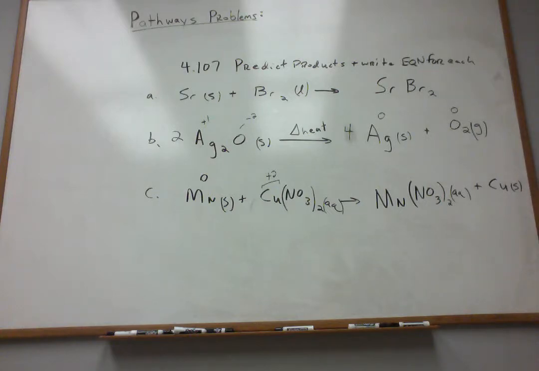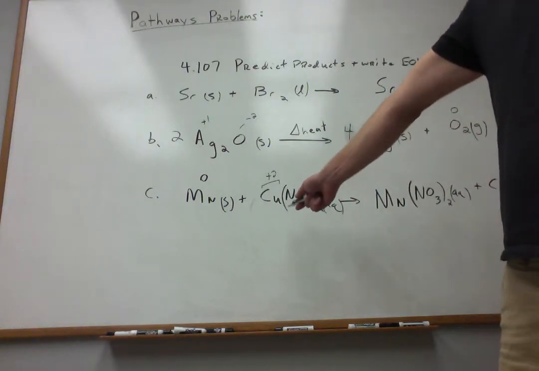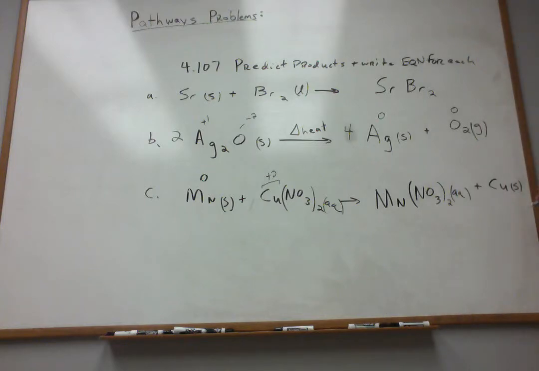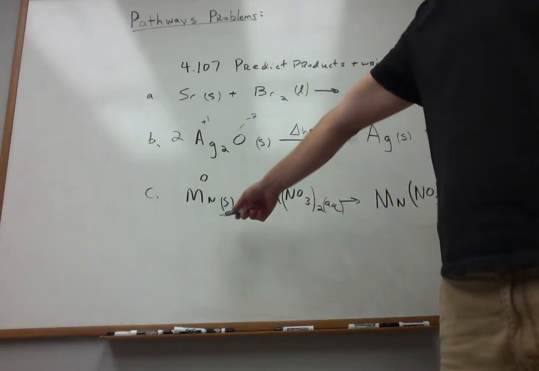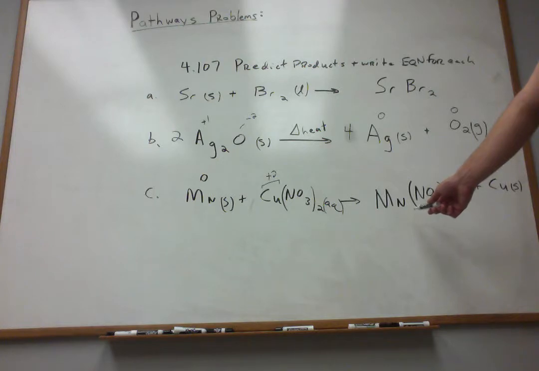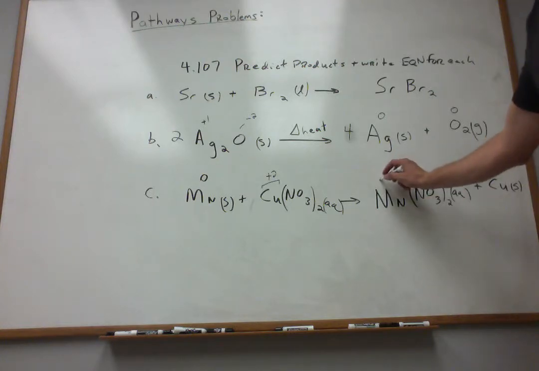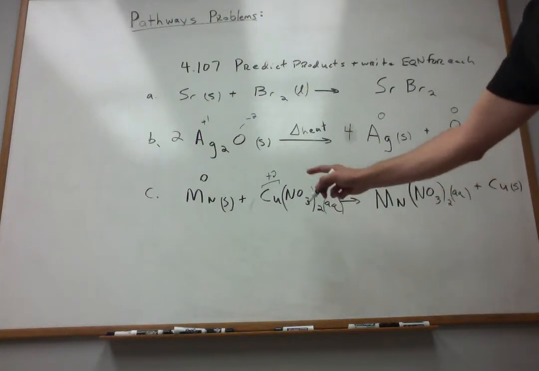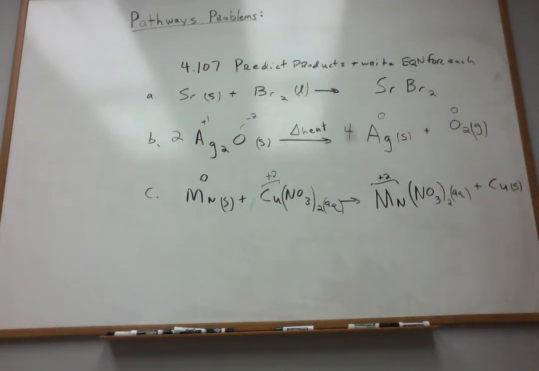So notice what happens. The copper was the ion, the +2. It ends up copper solid, the reduced form. The manganese was the elemental form, but as a result of this reaction, it ends up in the +2 oxidation state. It has been oxidized, the copper has been reduced.